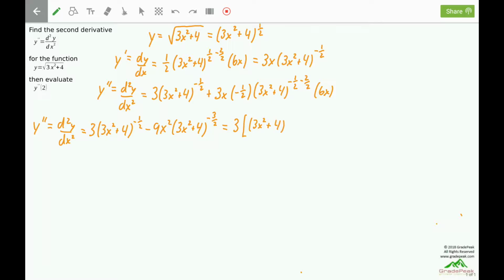If I factor the 3, that's going to take away this 3 and make a 1. It'll take away that and leave a 3. So there's what we should have left. So 3 times the 3x squared plus 4 to the negative 1/2, and then minus 3x squared times 3x squared plus 4 to the negative 3/2.